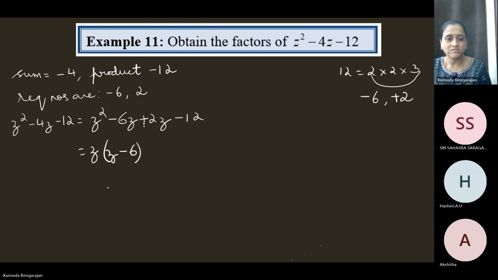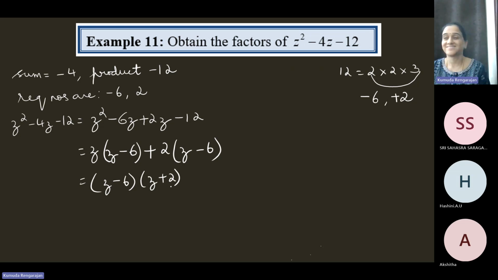Whatever it is, like the first two terms you finished. After that, what is the sign? Plus. Put the same sign. Then Z minus 6 plus 3 into 12 plus Z plus 2. Correct. Yeah.